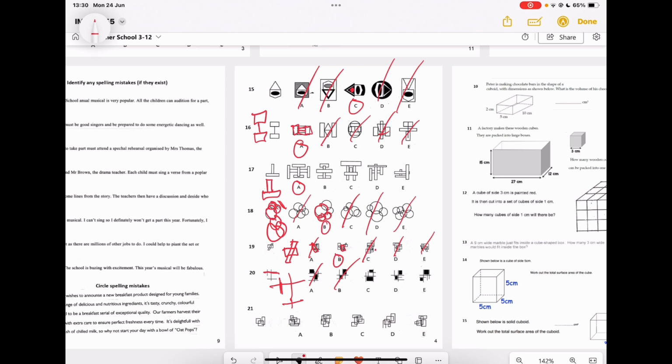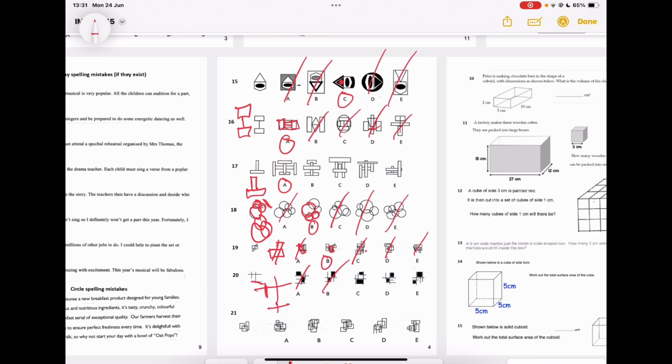For C, so I'll just cross this out. So the answer is going to be C. Okay, so this line here is going to be this one.